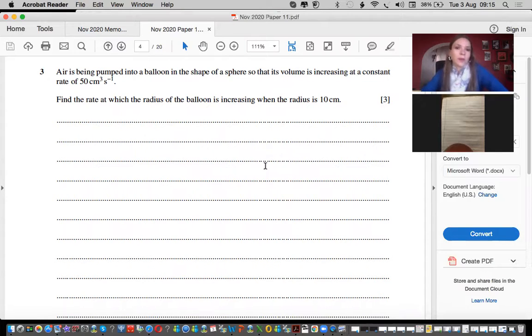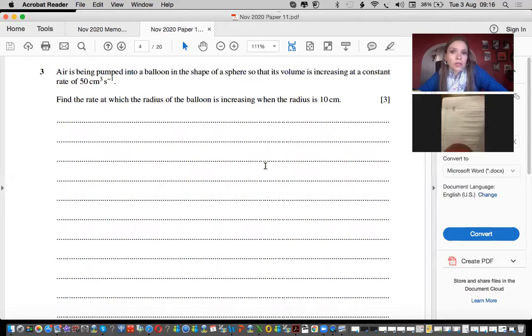So air is being pumped into a balloon in the shape of a sphere so that its volume is increasing at a constant rate. So if I hear volume is increasing at a constant rate, rate always has to do with time. So if I want to write that in terms of calculus, I'm going to say dV over dt. Okay.